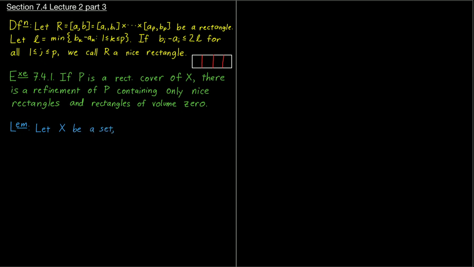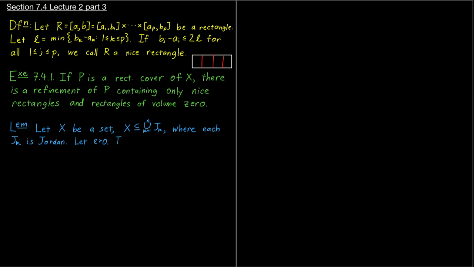Let X be a set that's contained in the union of some finite number, let's call it n, of Jordan sets. So each J_k is a Jordan set. And let's let epsilon be a positive number.